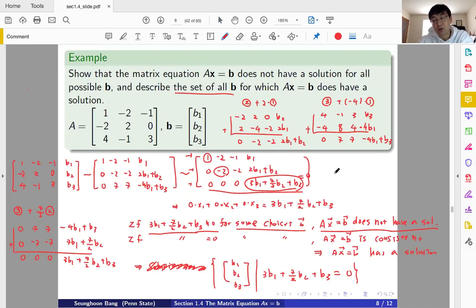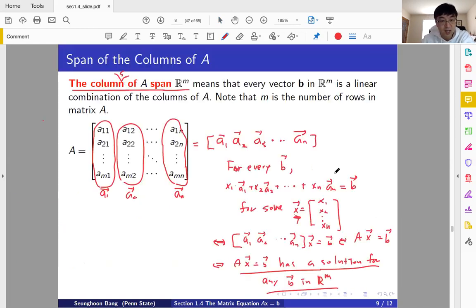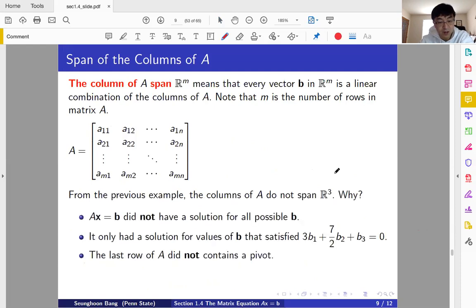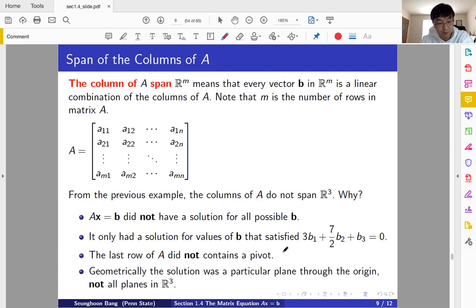We don't have a pivot in the last row, so we don't have a solution for some b. This is a very useful thing: if the last row of A does not contain a pivot, the columns of A do not span Rm. Geometrically, the solutions form a particular plane through the origin, not all of R3.